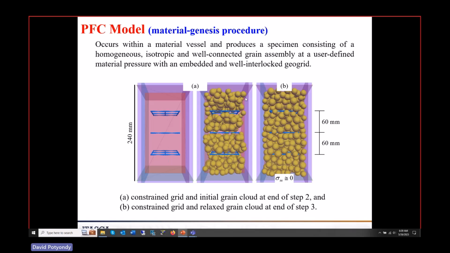Then we generate a cloud of grains. In this case, these are spherical grains, and we randomly position them. If I happen to randomly position one that would overlap one of these grid balls, I don't use it.